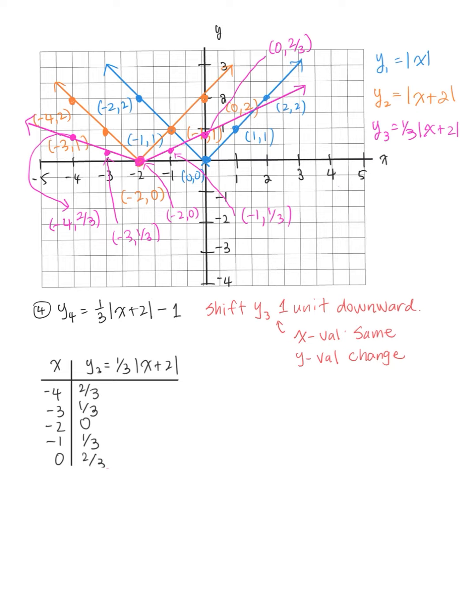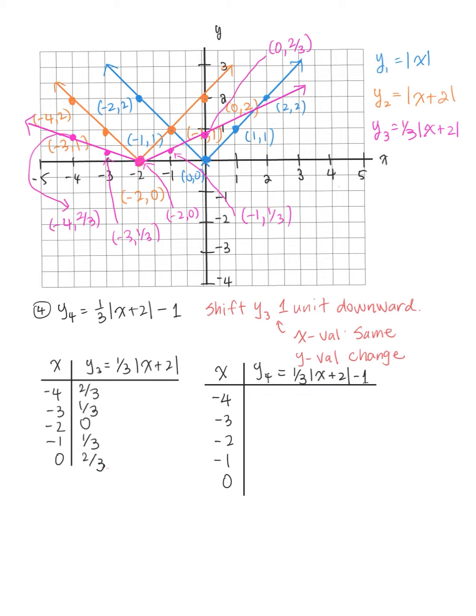So here we're going to have x, and then our y sub 4, which is 1/3 times the absolute value of x plus 2 and then -1. Okay, so now let's just copy down the x values because they're going to stay the same. So we have -4, -3, -2, -1, and then 0.